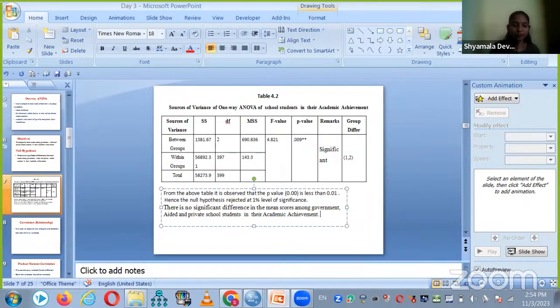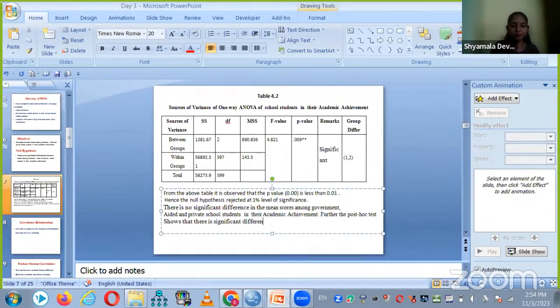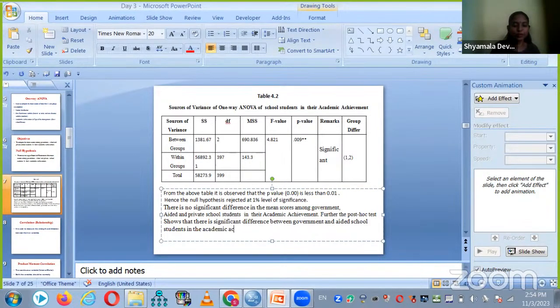And further, the post hoc test shows that there is significant difference between government and aided school students in their academic achievement. That's all. So this is how you have to write the interpretation for the table.